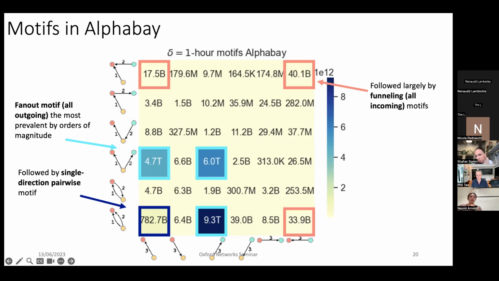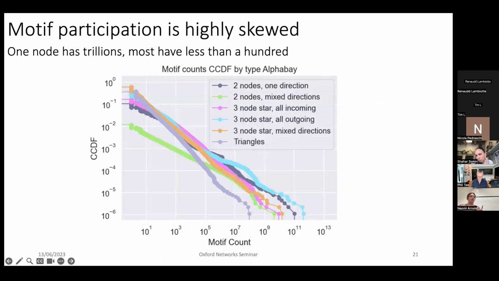But yeah, our next step was to look at, I think most of the work on motifs is focused on the graph-wide counts, but then we looked at each individual node, how many motifs of each type they participate in. And we group those into different categories, so there's not 36 or 40 different lines on the plot, and looked at how those are spread.